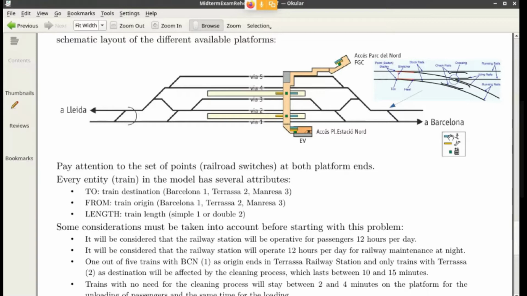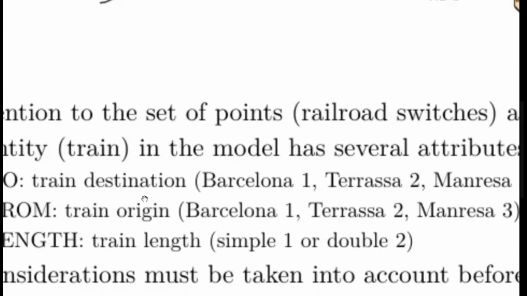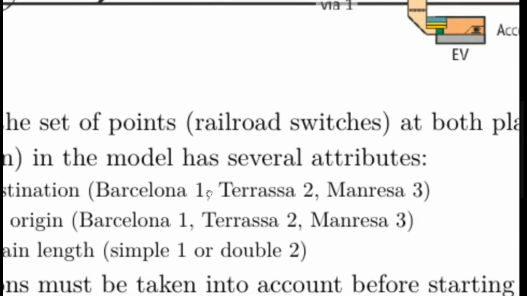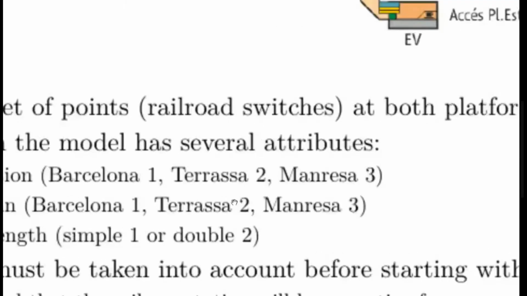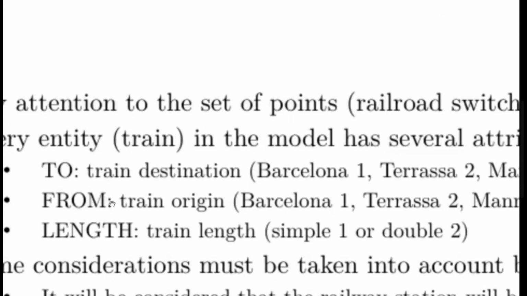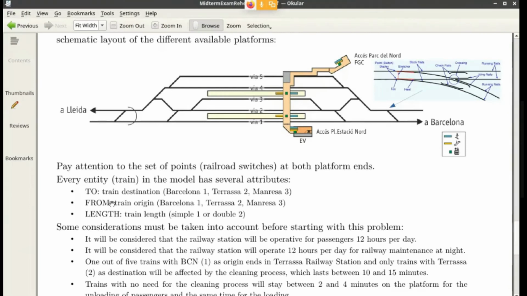Well, so first of all, every entity, every train in the model has several attributes. First of all, the attribute 2 is the train destination. Barcelona will be number 1, Terrassa will be number 2, and Manresa will be number 3. That's because trains that are going from Manresa to Barcelona, some of them stop in Terrassa for a long stop, right?